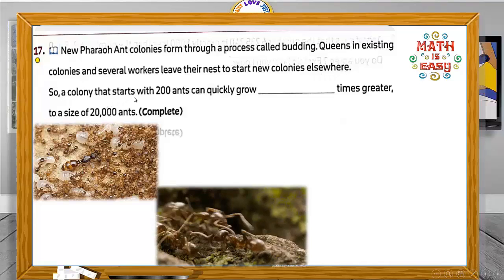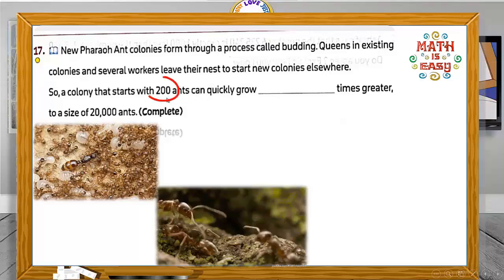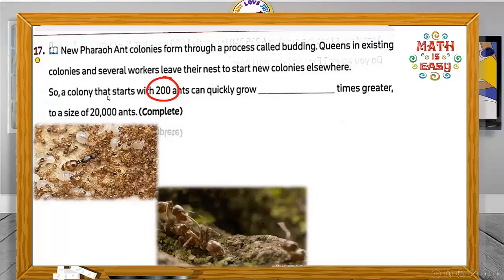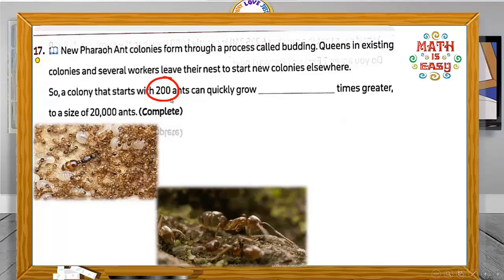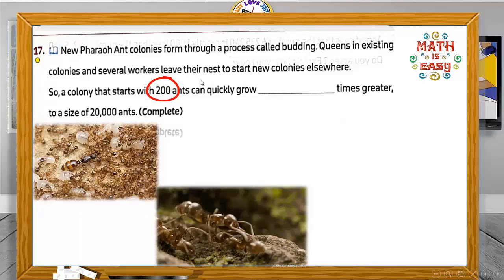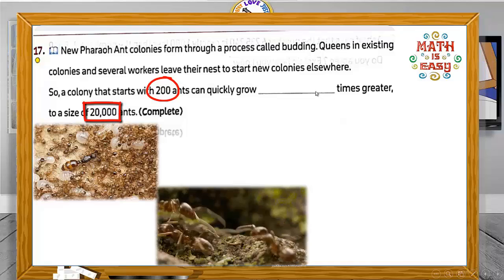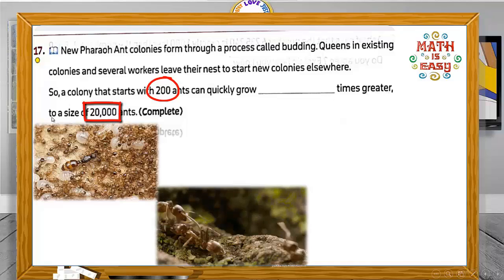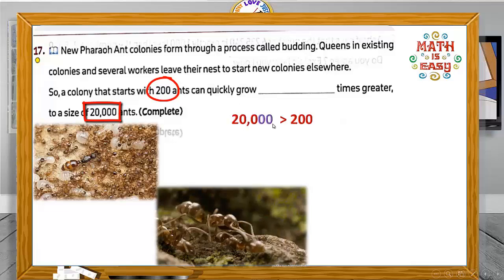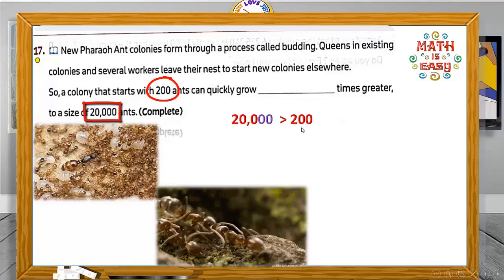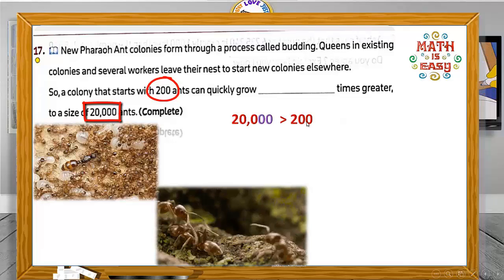So a colony that starts with 200 ants can quickly grow. If you see a colony with 200 ants, these ants will grow quickly to be 20,000. He asks you how many times greater is the size of 20,000 ants than 200 ants. In number 200, we have 2 zeros.